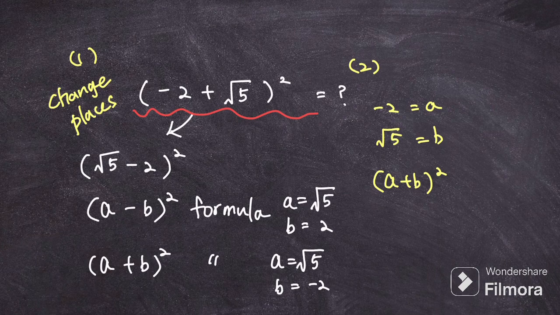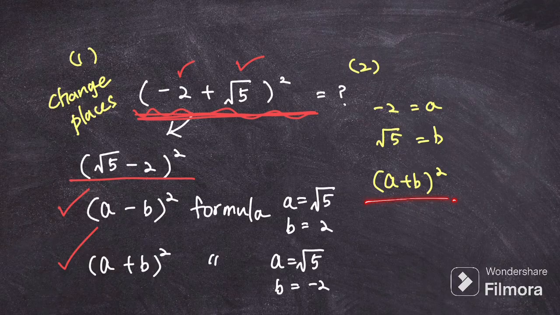I would change places of those 2 numbers, like so, and use the a minus b squared formula. That's the first way. Or use the a plus b squared formula. And then the last method, my third method, would be to just solve it as it is by defining a as negative 2 and b as positive square root of 5 and use the a plus b squared formula.